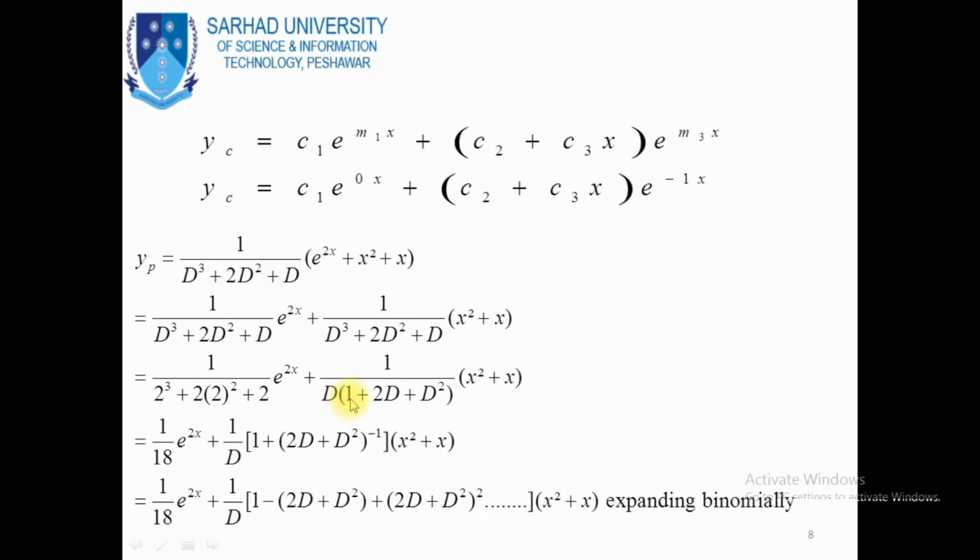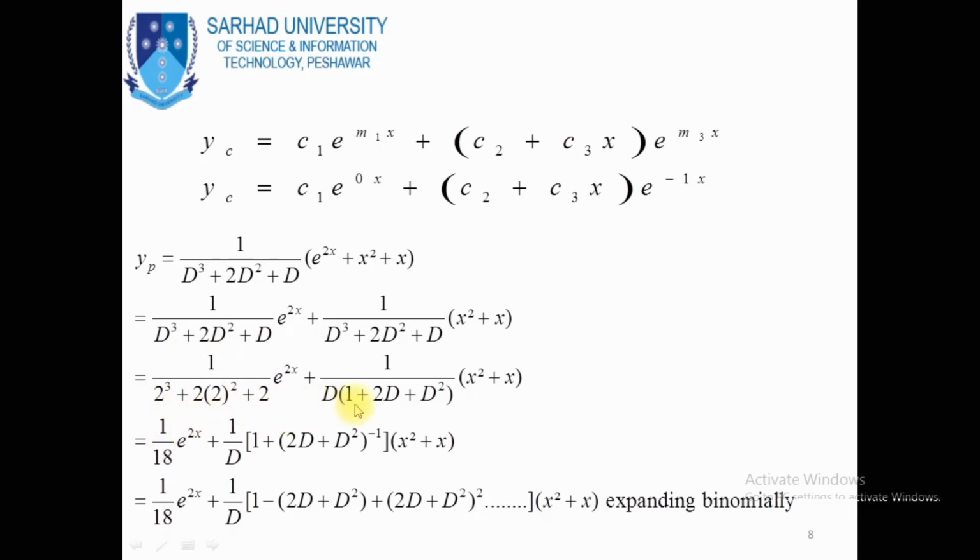Multiply this D again: 1 into D is D, 2D into D is 2D square, and D into D square gives D cube, into the given polynomial x square plus x. Now after simplification, we obtain in this part 1 over 18 e power 2x. Now the particular solution for this part is complete. This is the particular part for the exponential case.